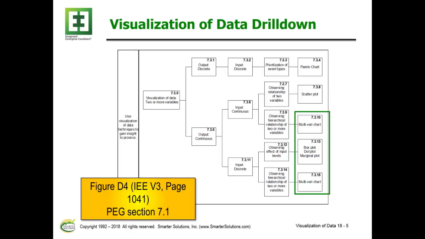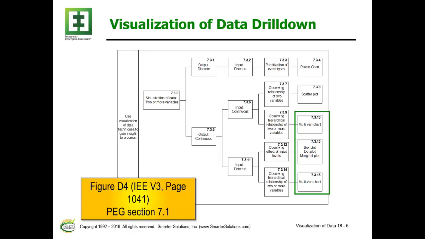On the left-hand side, we see visualization of data, that's 7.3.0. It breaks out whether the output is discrete versus continuous in 7.3.5. For the purpose of this section, we're going to focus on the output that's continuous.